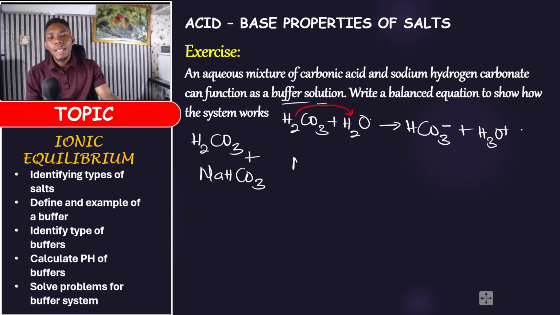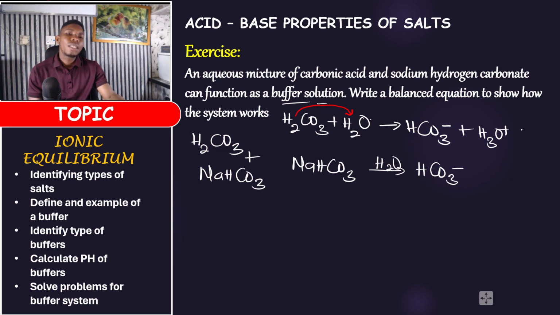Now, why sodium hydrogen carbonate? When it dissolves in water, when you pass it through water, it breaks down. It breaks down this sodium hydrogen carbonate, so you are going to form HCO3 negative. You see that each of them usually forms 1 ion. The acid itself and the salt of the acid usually form 1 ion.